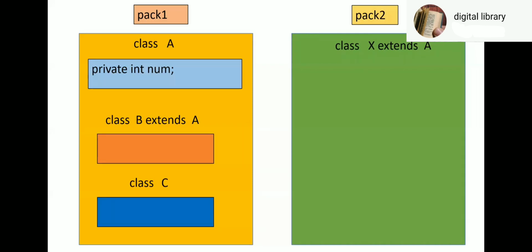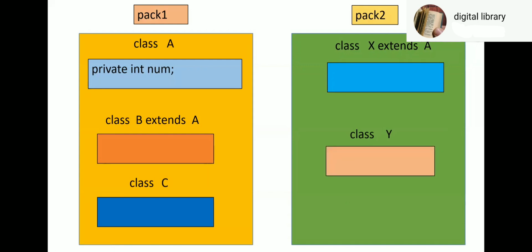We have got examples in the James Gosling code also, where the parent class is in one package and the child class is in a different package. Possible. So class X extends A. Class Y, which is not a child class of A, is a different class in a different package. So now what do you think?